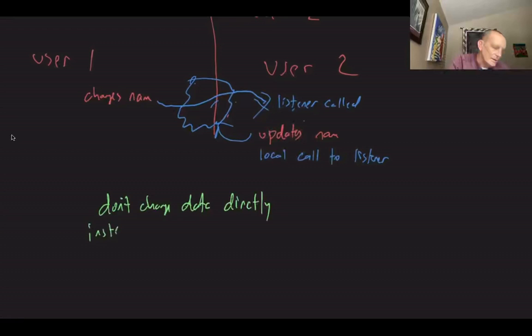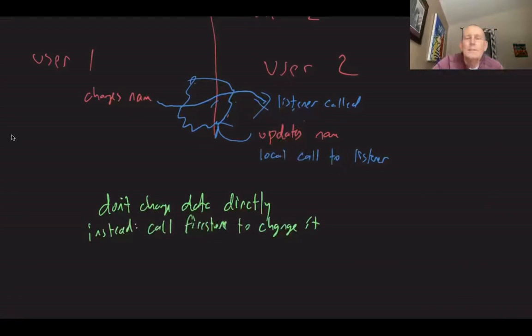Instead, call Firestore to change. And Firestore is then going to call your listener, and your listener is going to re-render with that new data. So that fits in perfectly with how React works. That's really what you need to know for using Firestore with our API.